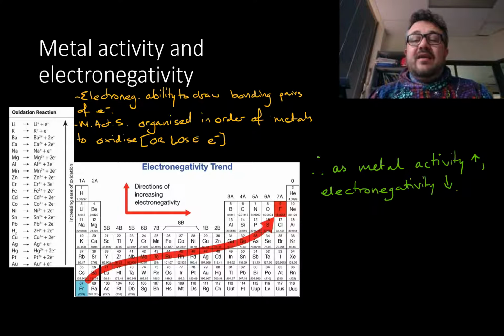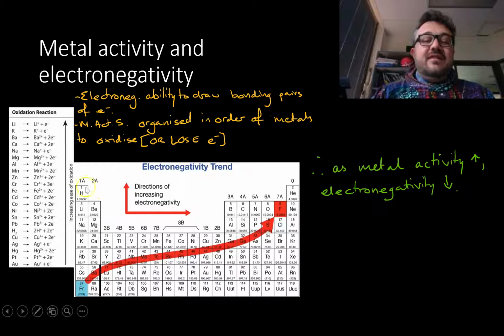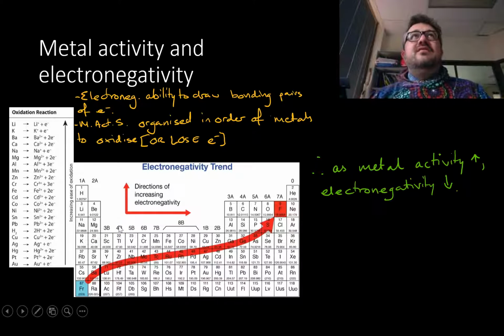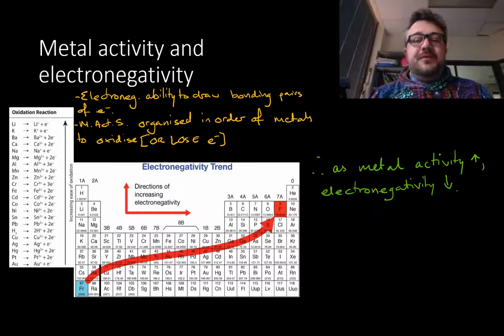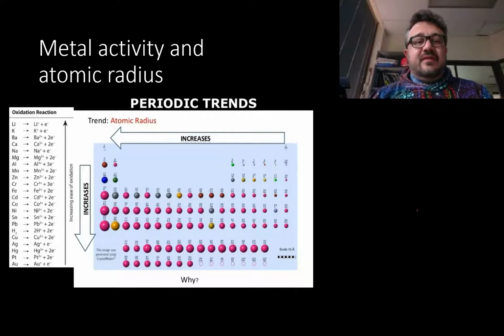So, as metal activity increases in the periodic table, the electronegativity decreases. And we can see that, right? The metal activity tends to increase in this direction down here. It tends to increase with the opposite of ionization energy. So as metal activity increases, electronegativity decreases.